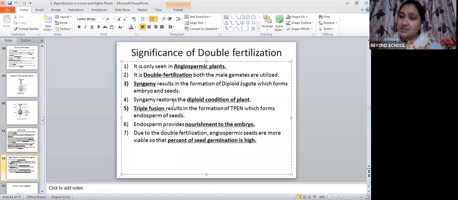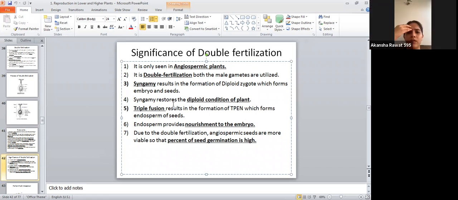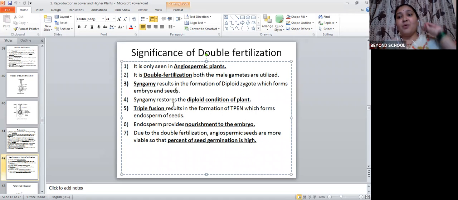The reason is that the fertilization activity, which is also called syngamy, has stored its memory data into the seeds. Whenever people eat the mango and throw the seed, and that seed germinates into a new plant, it will be in a diploid condition.